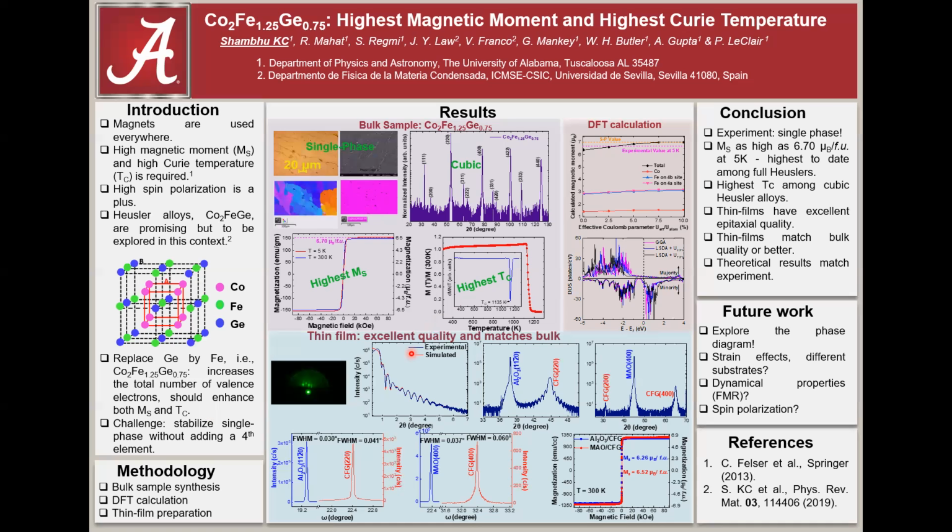Moreover, the experimental findings are also supported by theoretical calculations. So we see that after substituting germanium with iron, we have the highest magnetic moment and Curie temperature, and the films also have excellent quality. This means that this alloy is promising for device applications.